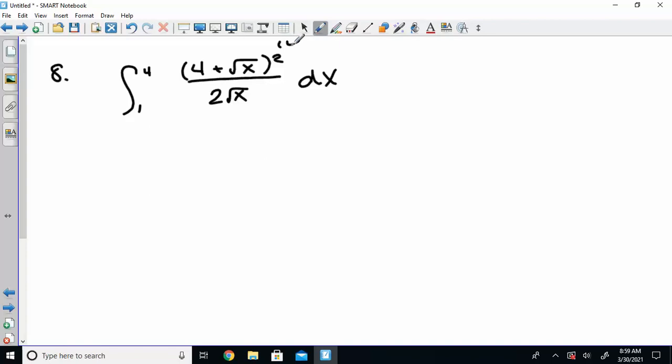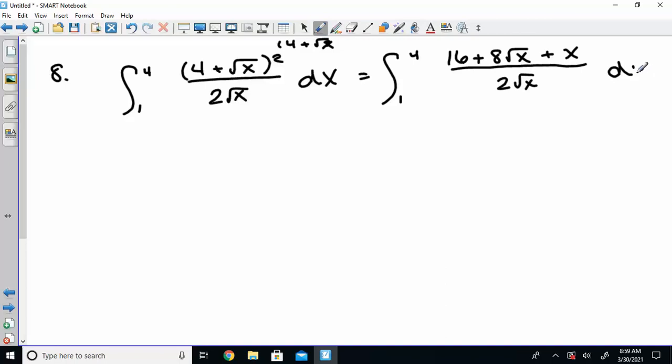On the top, if you're squaring that, you have to write it twice and FOIL. So that would give me 16 plus 8 radical x plus the square root of x squared is just x. So if we clean this up, 16 over 2 radical x, 16 divided by 2 is 8.